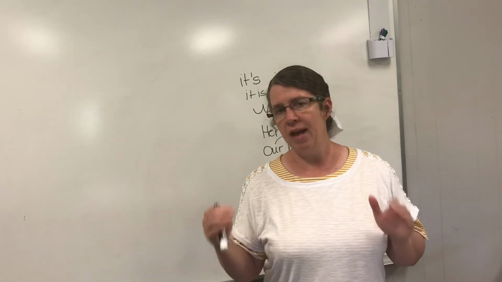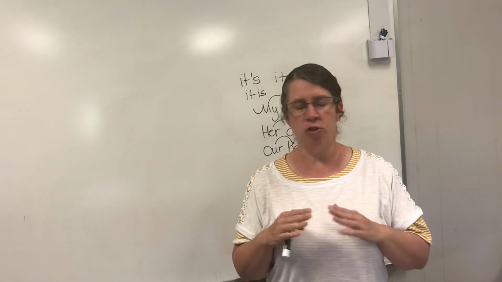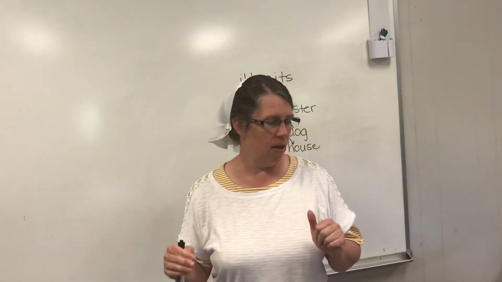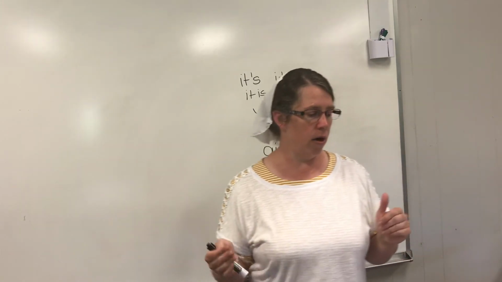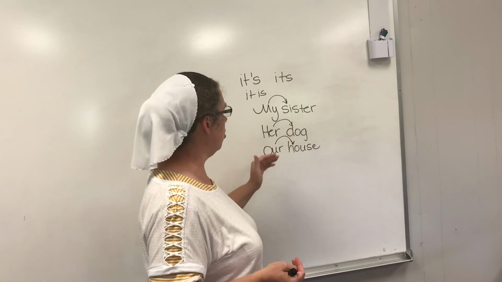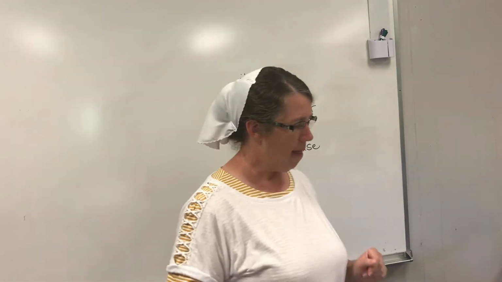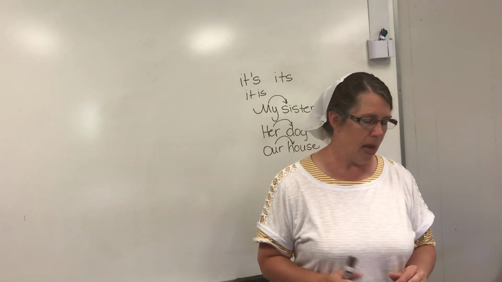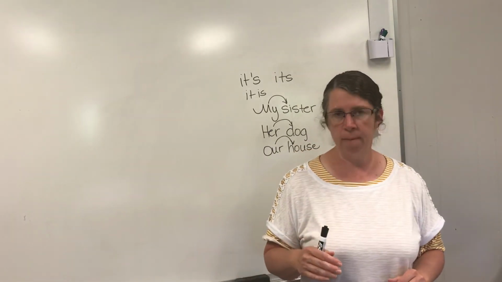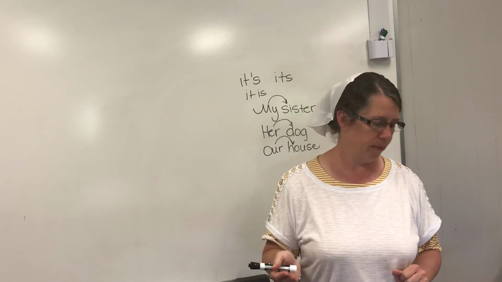Remember, the adjectives do not end in S. Your, her, our, their, remember? My sister, her dog, our house, they're describing a noun. Okay? So let's look at some of them, and we are to underline the pronoun, and then we're to put on the blank if it's an adjective or a pronoun.